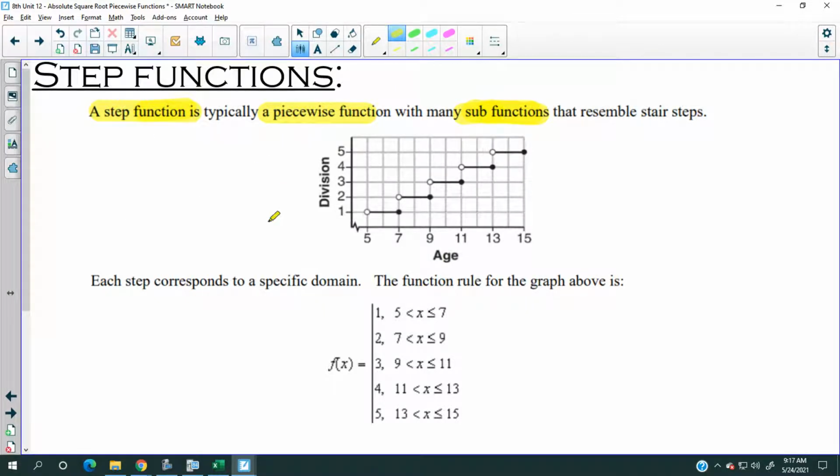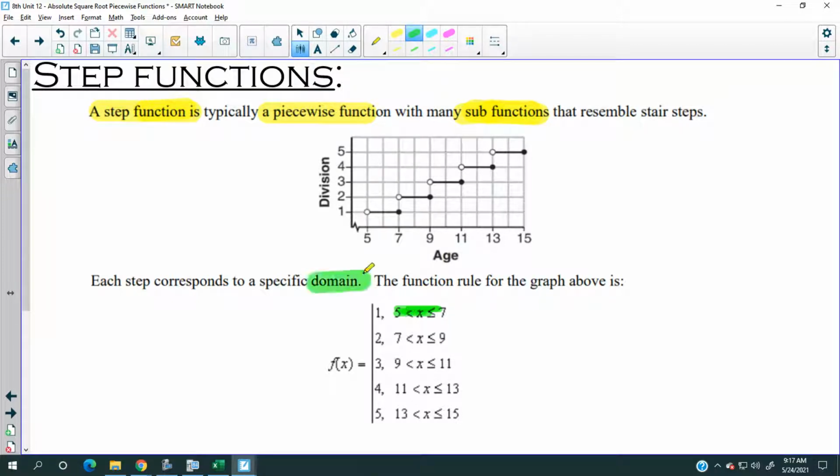So for example, let's use a different color. If you look at this first one, look at the domain. This set of rules, this set of functions, is very domain specific. What do I mean by that?